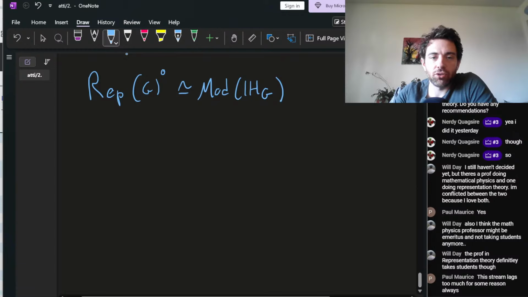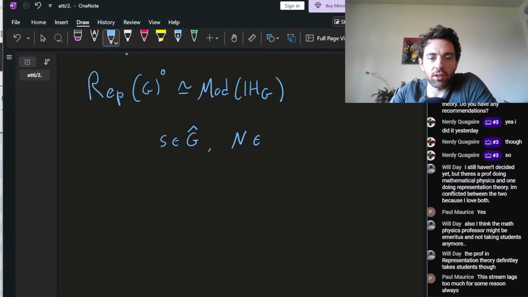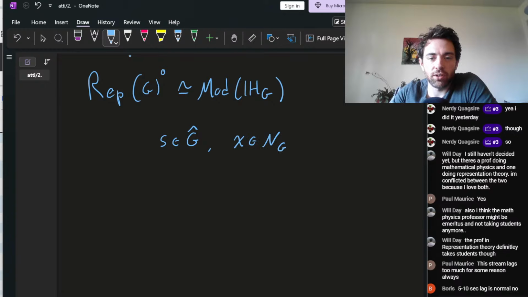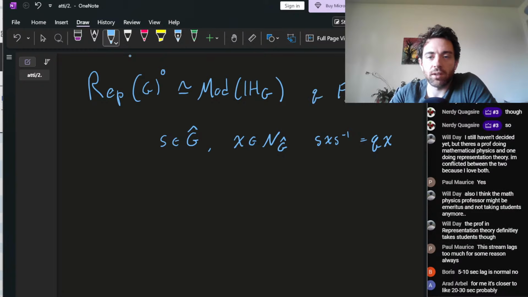And the modules over the appropriate affine Hecke algebra are basically labeled by a choice of a semi-simple element S in the dual group and a choice of nilpotent X, where X, under conjugation, is in the q-eigenspace of conjugation by S. Here q is the residue degree of the extension of Q_p.